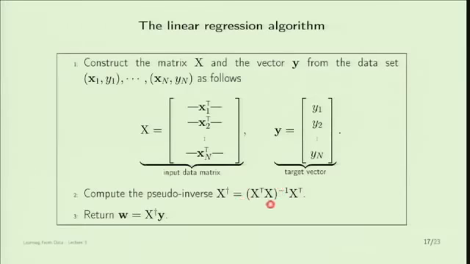Just one remark about the inversion. This has to be inverted in order for this formula to hold. Now, the chance that this will be invertible in a real application is close to 1. The reason is the following. Usually you use very few parameters and tons of examples. You would have to be very, very unlucky to have these so dependent on each other that you cannot even capture the dimensionality, which is the number of columns.